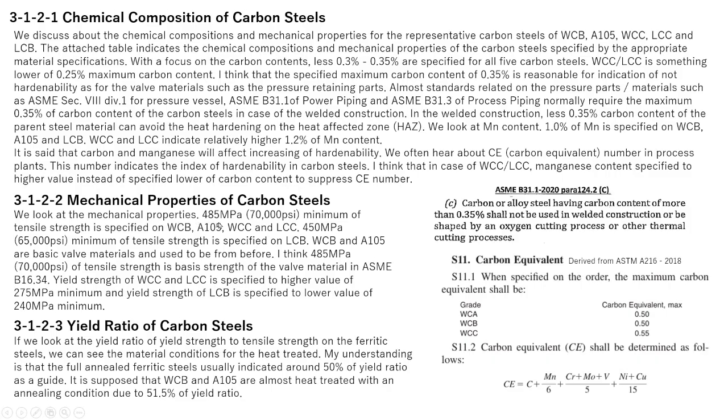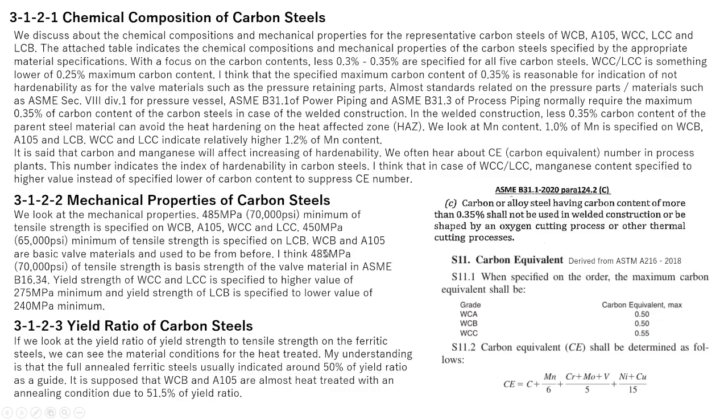485 megapascal, converted to 70,000 psi, minimum tensile strength is specified for WCB, A105, WCC, and LCC. 450 megapascal, converted to 65,000 psi, minimum tensile strength is specified for LCB.